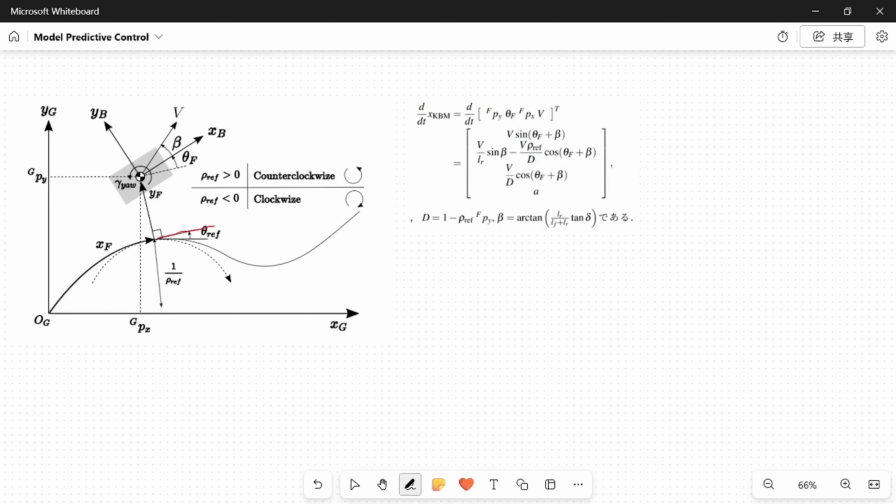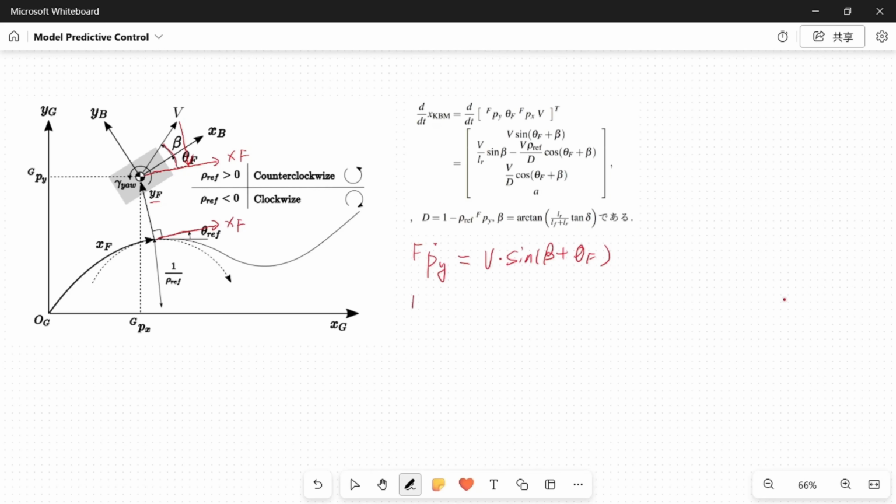So this is the XF axis and this is the YF axis, and this line is parallel with XF. FPY dot equals the direct projection of vehicle speed V on the YF axis. So FPY dot equals V times sine of (beta plus theta F), this angle.